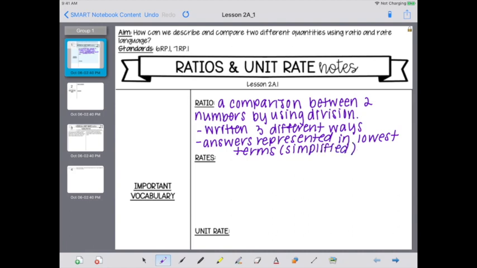So the 3 different ways that you can write a ratio is as a fraction, you can use words, specifically the word to, and then you can also rewrite it with a colon.